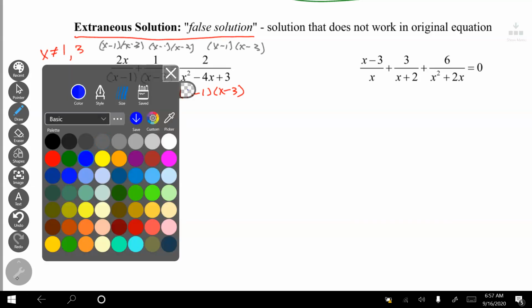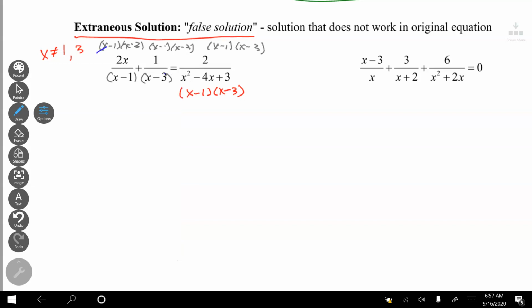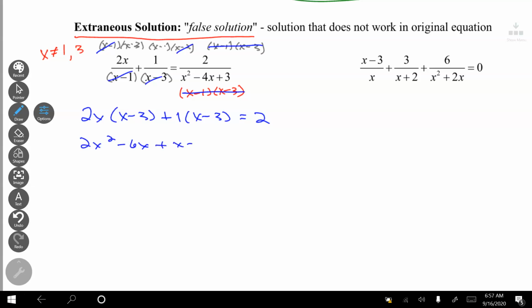I notice that x minus 1 cancels out, and I'm left over with a 2x and x minus 3. Plus, now the x minus 3's cancel, I have 1 times x minus 3, and now both of these cancel. I just have a 2 here. I'm going to clean things up a little bit. I'm going to bring the 2 over, combine like terms.